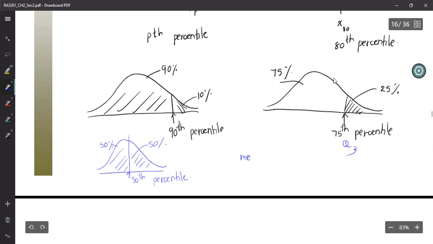The median is Q2 and it is also x tilde 50 or the 50th percentile, right? So what is Q1? Q1 is the 25th percentile. And Q3 is the 75th percentile. Okay? Right.